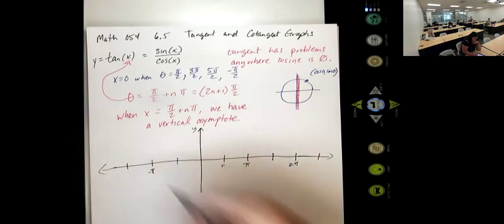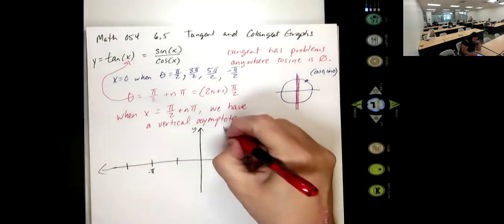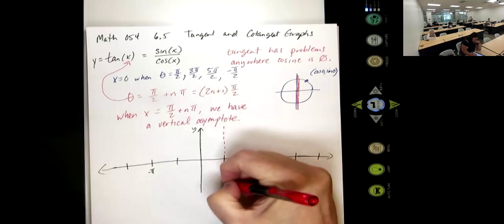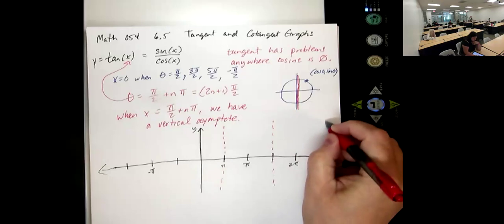Marking the pi is going to be easier. My vertical asymptotes are at pi over 2 and every pi onto that. I'm going to have a vertical asymptote at all of these.